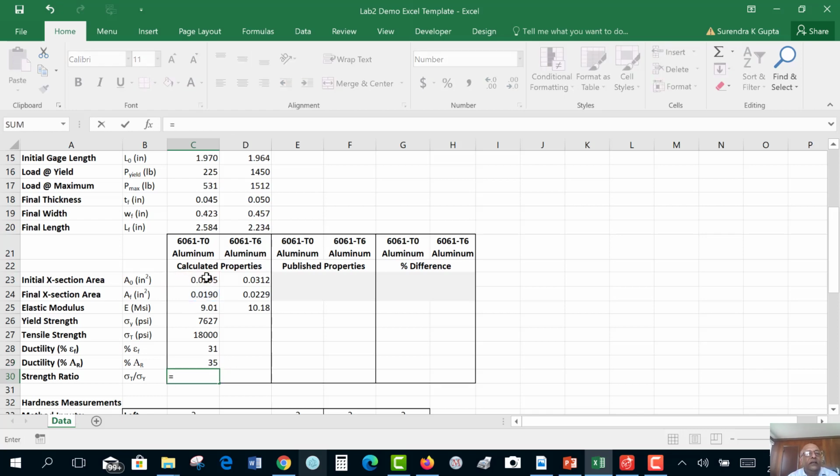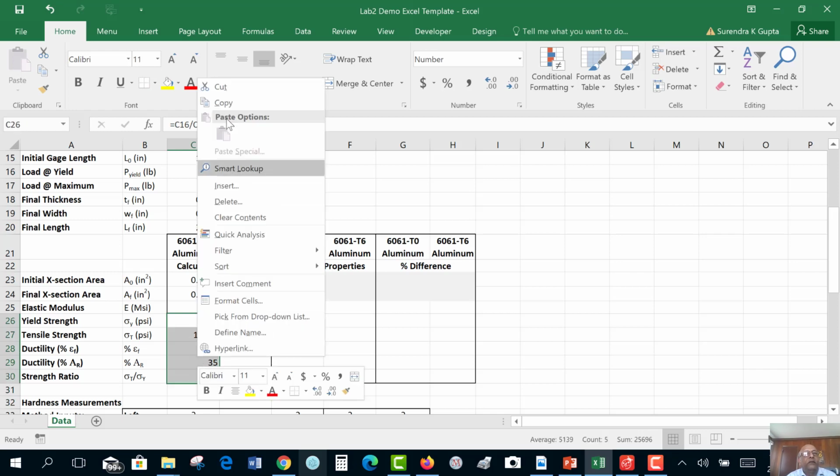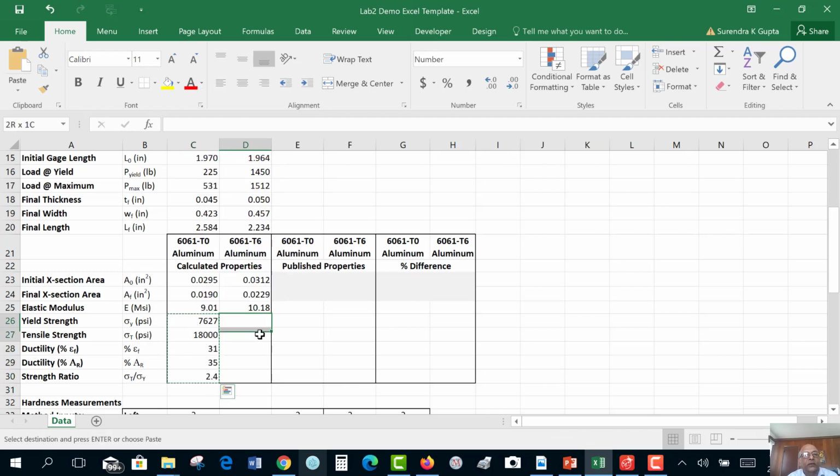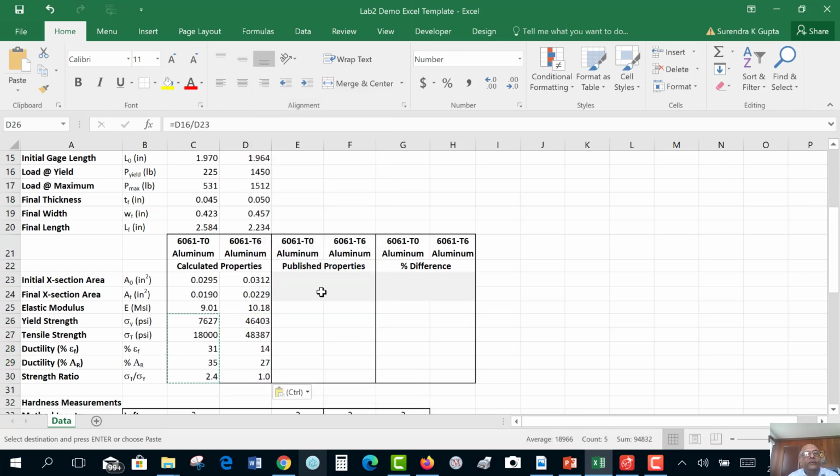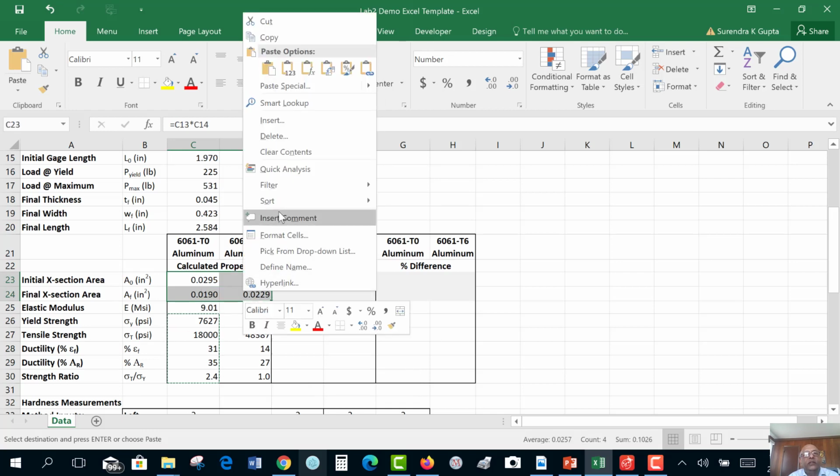Okay, and then the ratio of tensile to yield strength. So we'll take all of these formulas, just copy formula only to these cells. Okay, again, we want 3 digits here, which we have.